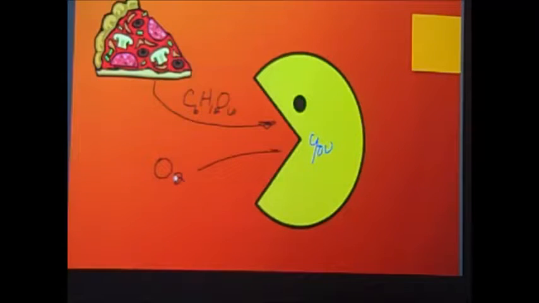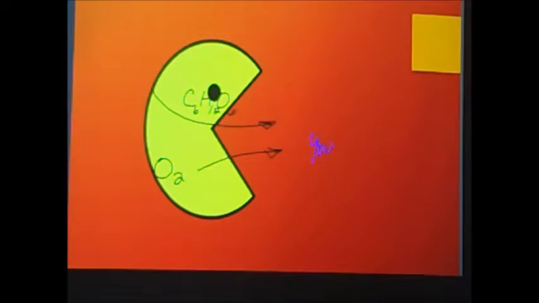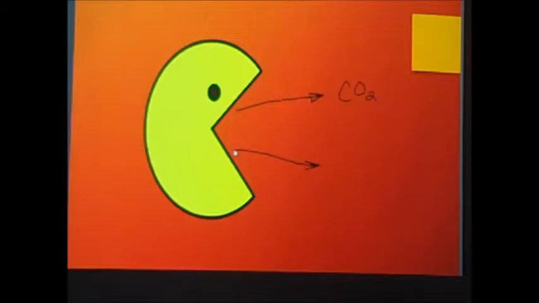So these 2 things come in to you. Once those things go in, your body now takes those things, recombines them, and on the outside, we release carbon dioxide, and we release water.